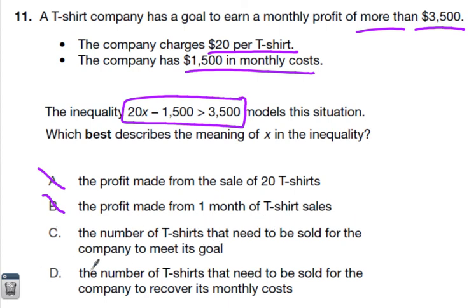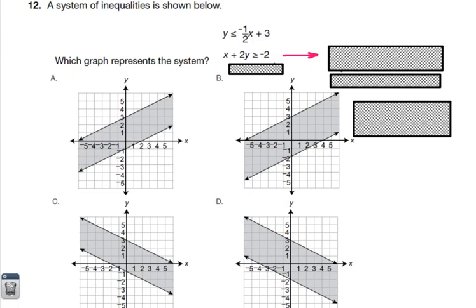Part D, the number of t-shirts that need to be sold for the company to recover its monthly costs. I think the fact that they are already doing like this minus 1,500 and that need to be more than 3,500, that says to me that it is C. Moving on to the final question. So number 12.